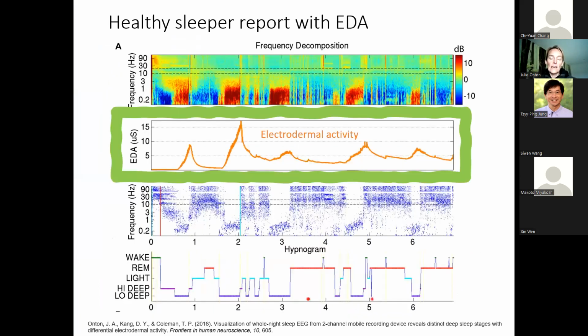Here I added EDA, or electrodermal activity. This is recorded on the inside of the wrist, and it has been known since the 60s that EDA follows what they called deep sleep, most of the time. You can see that when deep sleep starts, it ramps up and then falls precipitously right at the end of the deep sleep cycle. The amplitude varies from cycle to cycle. I don't know why, but it does ramp up during deep sleep and fall afterwards.